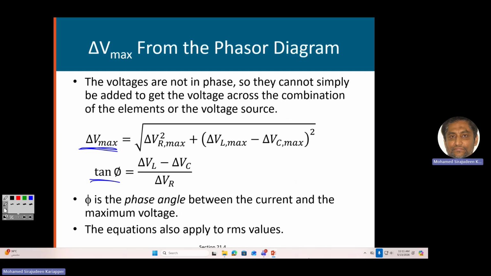So the angle phi will be tan inverse, the ratio of the y component divided by the x component. Now we got this for the maximum value. We can do it for the RMS value as well. All you have to do is instead of max, you put RMS everywhere.